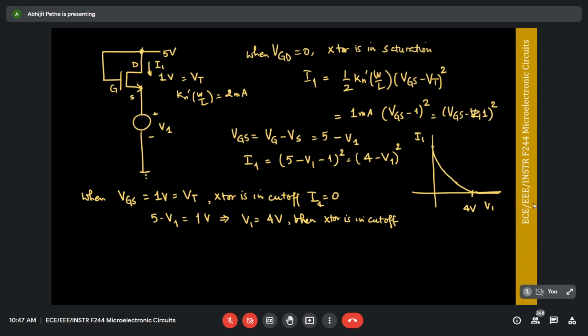What is the value at V1 equal to 0? It is 16 milliamp. So 16 milliamp falls to 0 milliamp within a span of 4 volts. Is that clear now? Yes, sir. Okay.